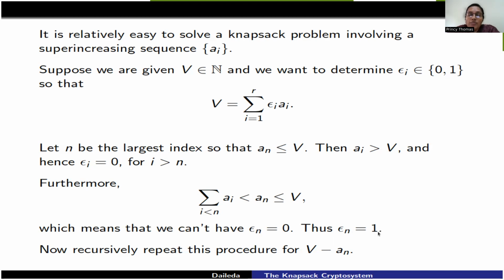And then, if we want V and we have already put A of N inside, we subtract A of N from the volume, the volume of the object which is already put inside, and we find the remainder and check whether that remainder is there in the remaining A of I. And we keep adding till the value becomes V.